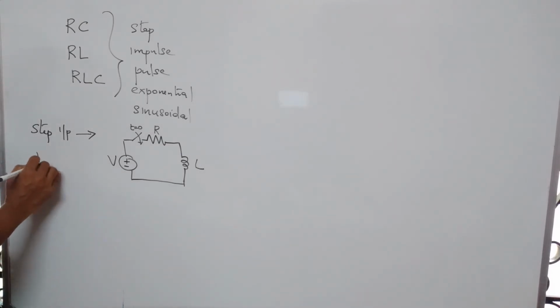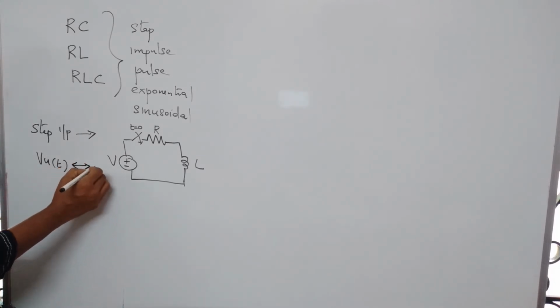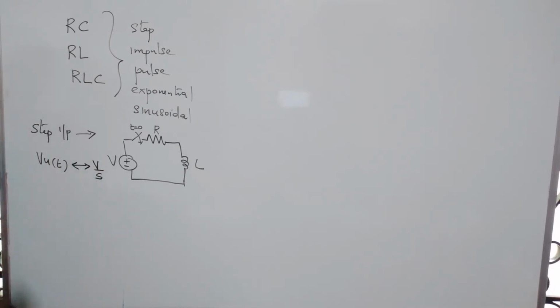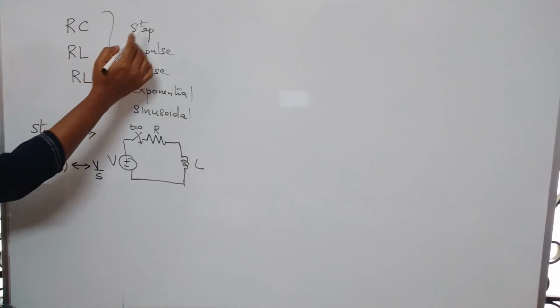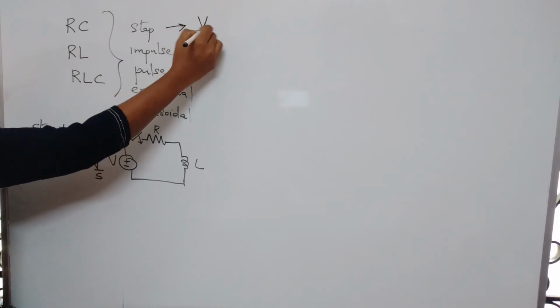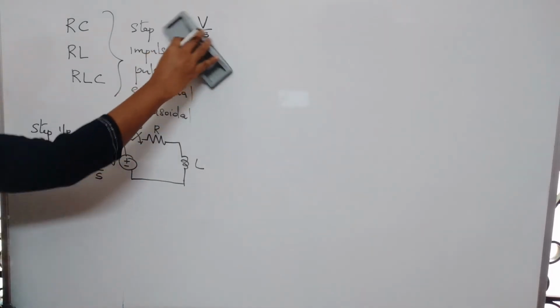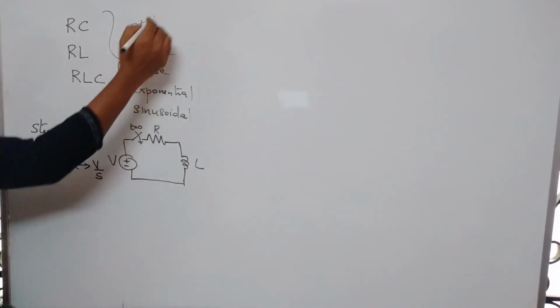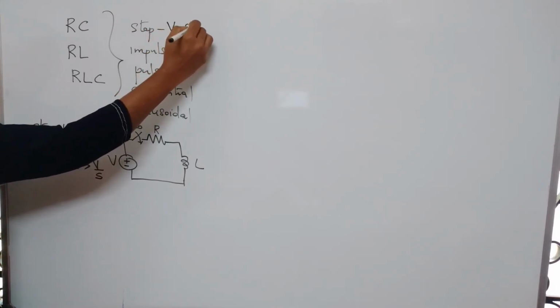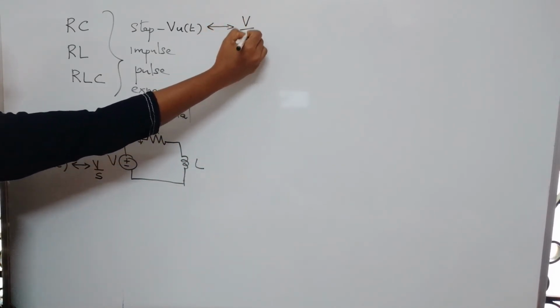This input can be represented as V into u(t). That is our step input. This V can be of any amplitude. So we can represent it by V into u(t), which in S domain can be represented as V/s. Okay. So our first input which we have seen is represented in S domain as V/s. Let's write this. This is V into u(t), which can be represented in S domain as V/s.